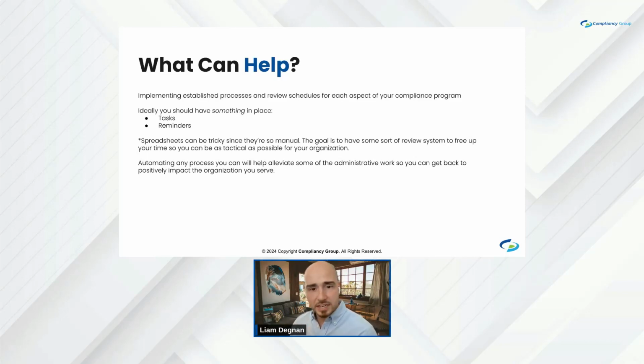Automating any of these processes where you can alleviate some of that administrative work will enable you to be able to focus on what's going to make the most tactical impact. And for most of you that are on here, especially those of you that are in larger companies, you've probably felt this, right? Where you spend so much time on manual administrative efforts and processes and documentation that it feels like you're not actually doing things that are making a true and lasting impact on your company.